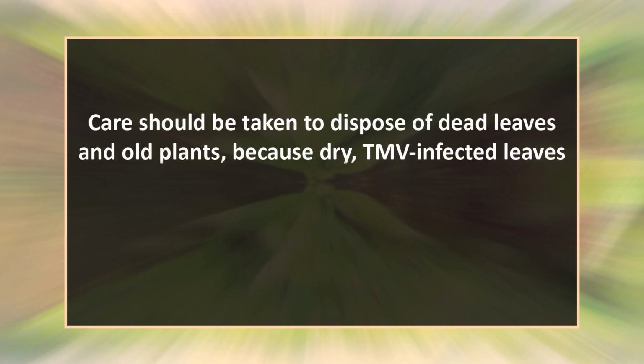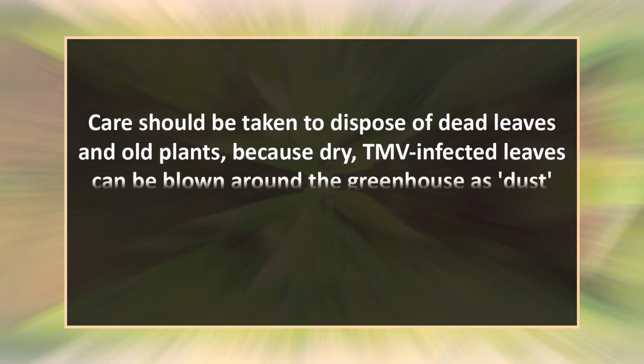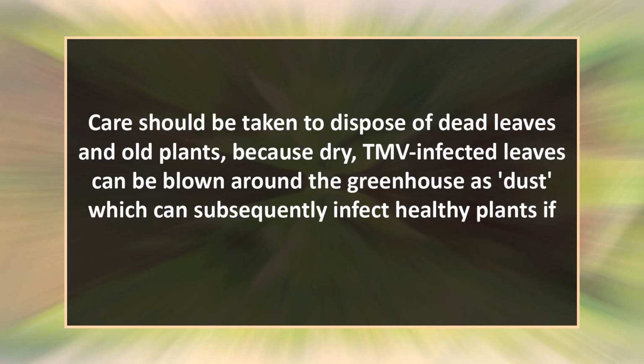Care should be taken to dispose of dead leaves and old plants because dry tobacco mosaic virus infected leaves can be blown around the greenhouse as dust, which can subsequently infect healthy plants if they are wounded. Cross protection.